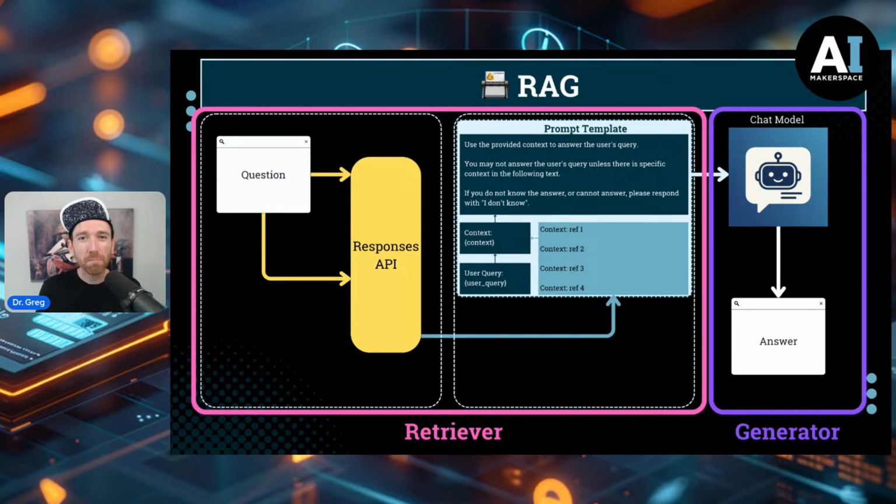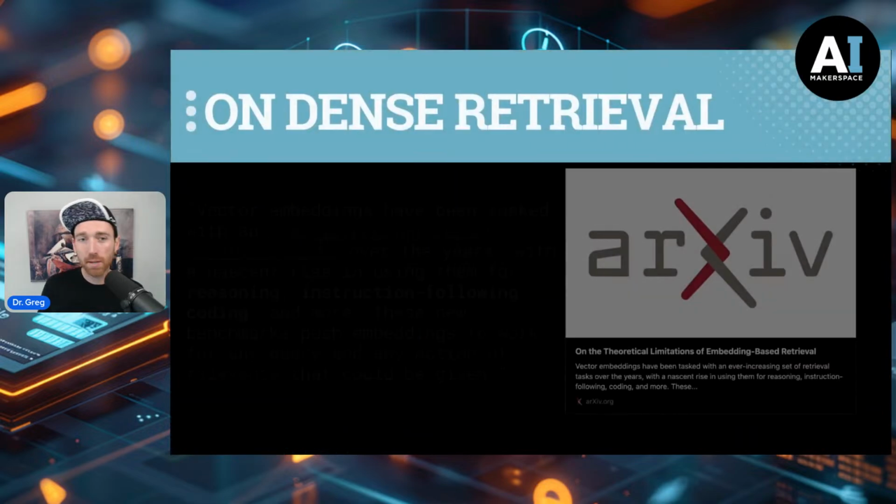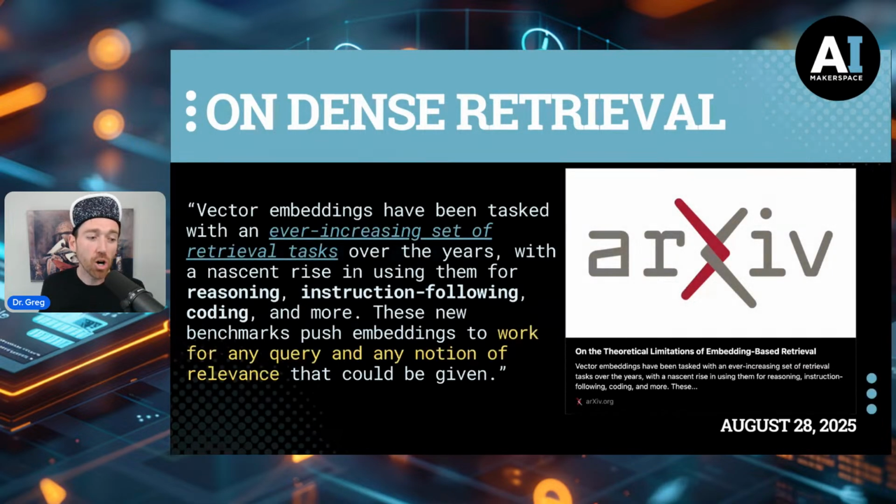And of course, as we move up a layer of abstraction, it's important to note that that doesn't mean you shouldn't care about what happens inside anymore. For instance, a paper came out a couple of weeks ago called "On the Theoretical Limitations of Embedding-Based Retrieval." We'll actually do RAG on this RAG paper, very meta RAG, classic AI Makerspace, classic LLM wizard stuff here.